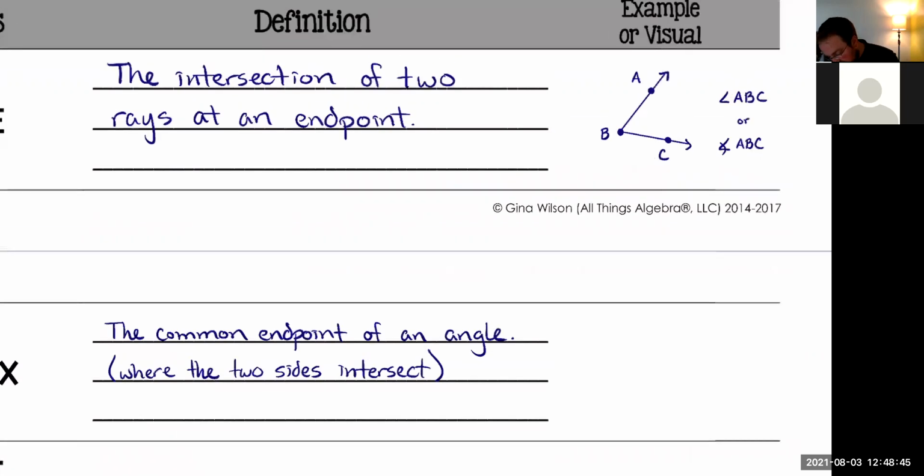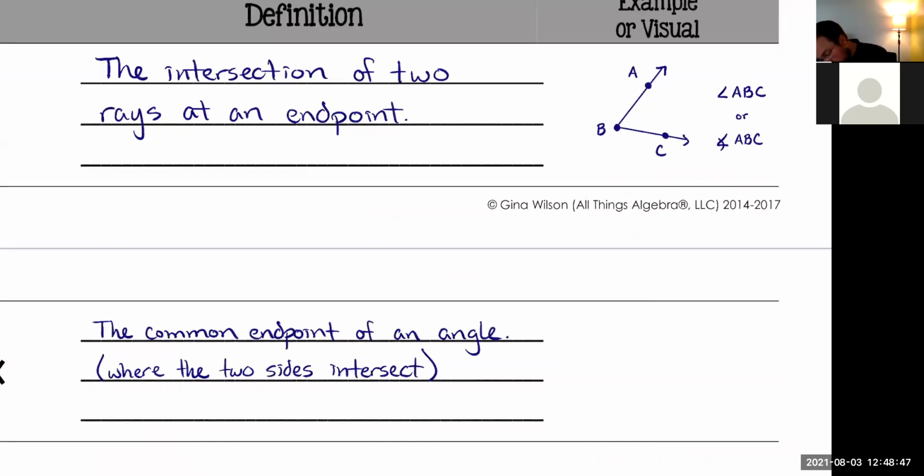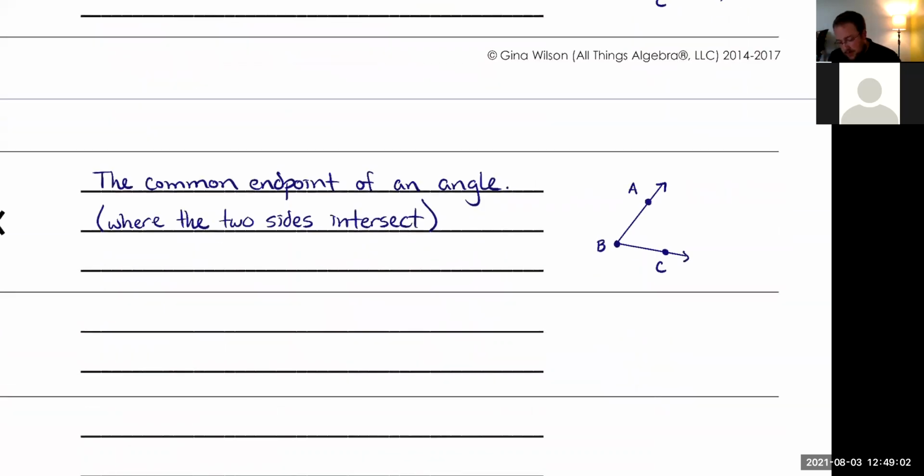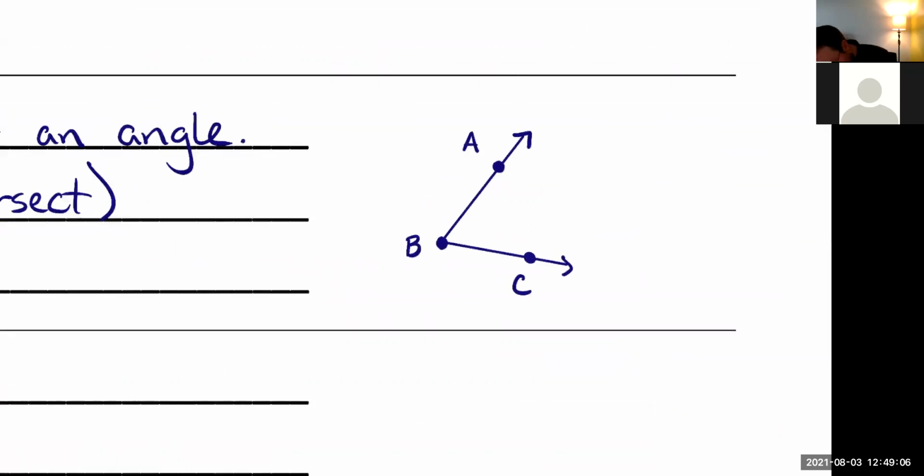So I'm actually going to get sneaky here, and I'm going to steal my last image. I know that's cheating because you guys have to rewrite it yourself. But that endpoint of the two rays that I was talking about just moments ago, in this case, B, is referred to as the vertex.